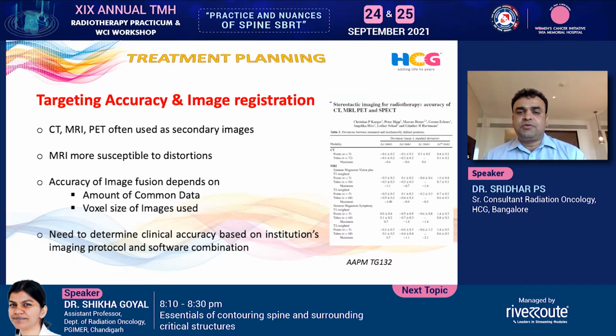With proper immobilization, the CT, MRI, and PET fusion are the ones we fuse, and we prefer to do it in axial fields. But in case of MRI spine, we prefer sagittal or coronal. Whenever we start with one, please check it in all the sections, especially when you are marking the spinal cord as a separate structure.